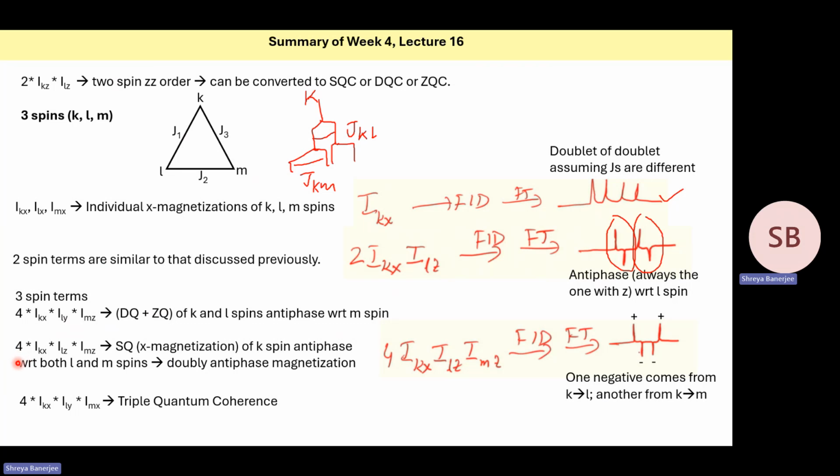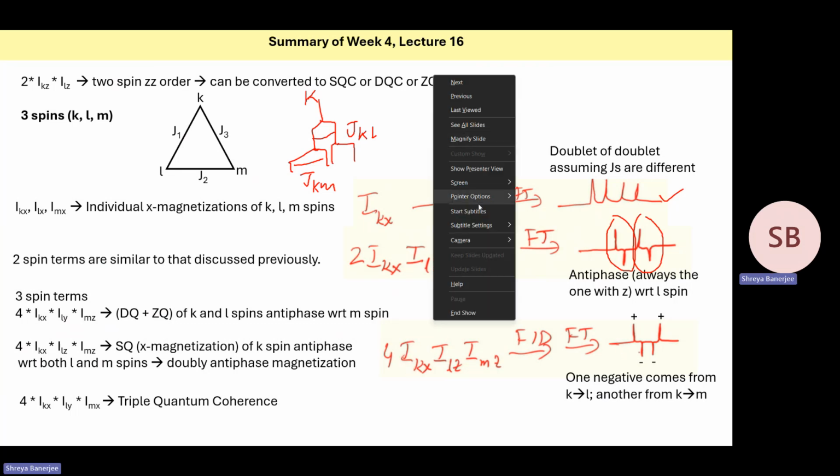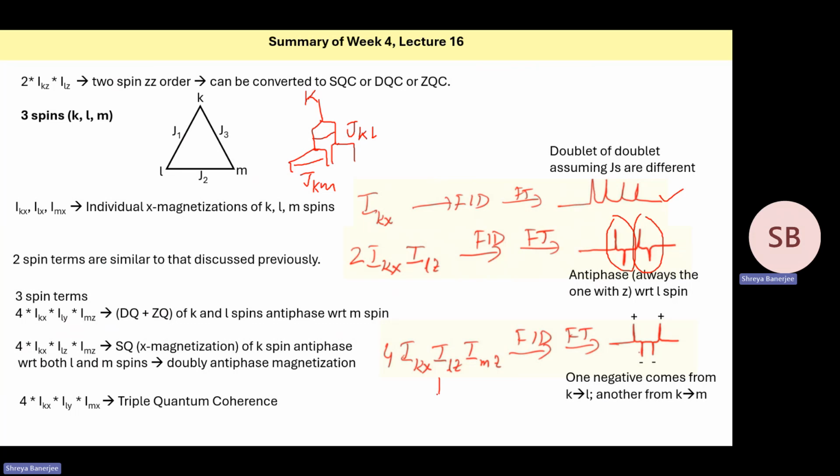Another term is 4IKX, ILZ, IMZ. In this case, if you take the FID and do the Fourier transformation, we will look at it this way. We will imagine this term is 2IKX, ILZ, and another is 2IKX, IMZ.